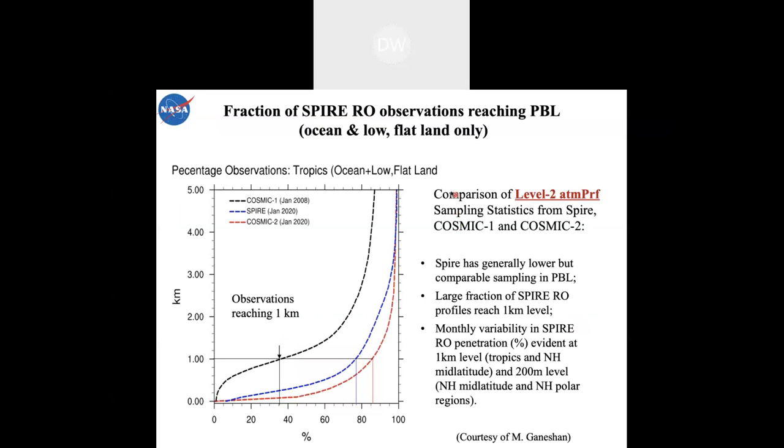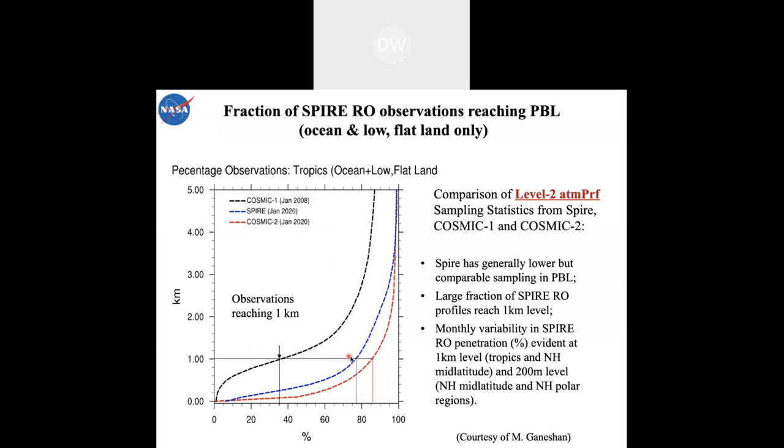For Spire and Cosmic 2, we compare the data. Different receivers have different sensitivity, so we see what percentage can go to the lowermost atmosphere, which is the boundary we are typically very interested in. It depends on how strong the signal is or how good the receiver is.